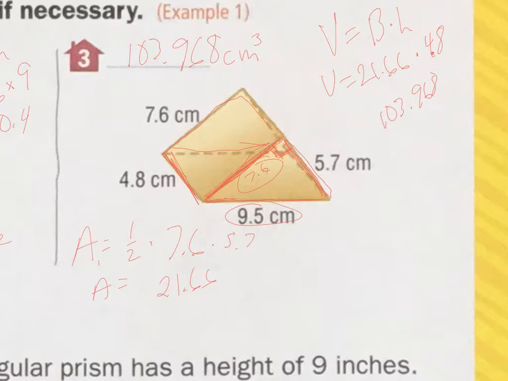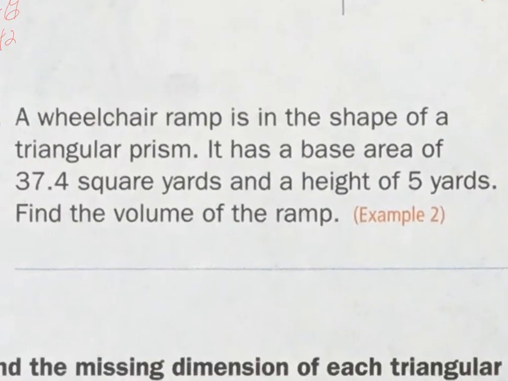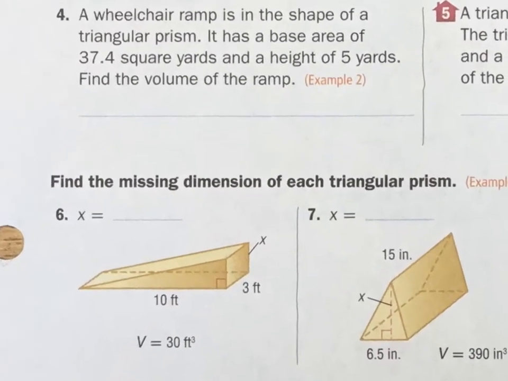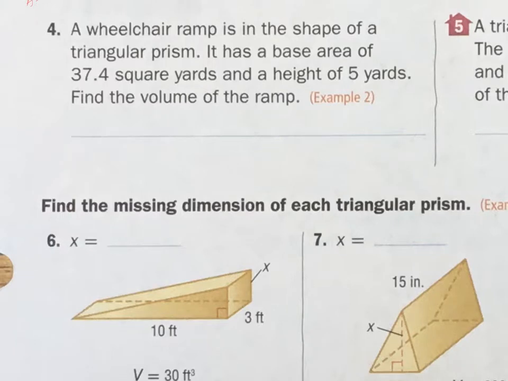So, let's go on to number 4. A wheelchair ramp is in the shape of a triangular prism. Its base area is 37.4 and the height is 5. Volume equals area of base times height.